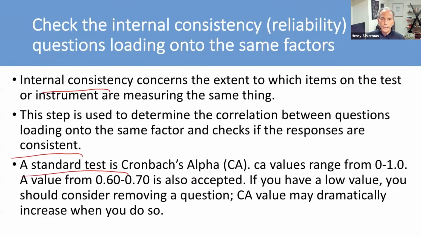This standardized test is the Cronbach alpha, and values can range from 0 to 1.0. A value of 0.6 to 0.7 is considered acceptable. Now, if you have a low value, you should consider removing that question and repeat the analysis of the Cronbach alpha until you get a value above 0.6.